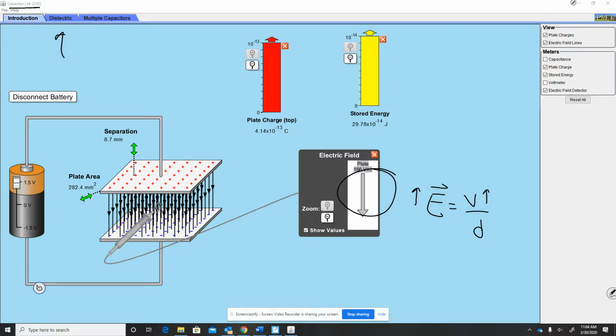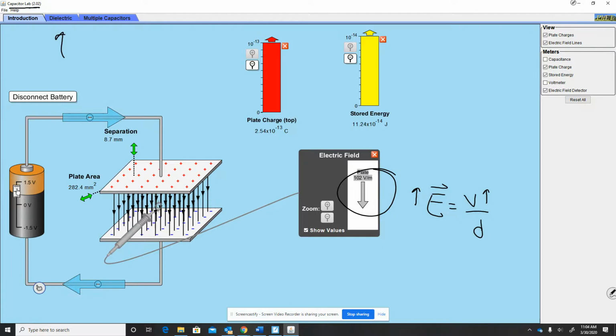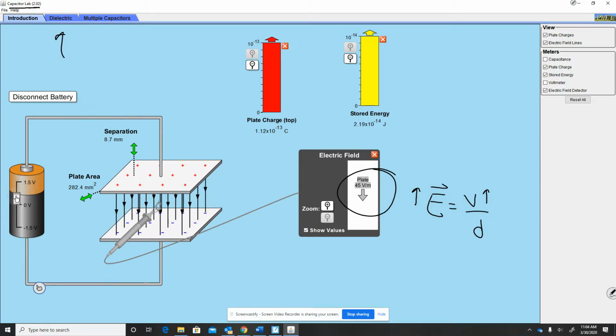Okay, so I'm going to just bring this down a little bit so we can see the lines a little bit better in here. We have an electric field of 45 volts per meter at this point. So I'm going to leave the voltage constant now, and take a look at the distance between them. Based on this formula, if I move the distance further apart, the electric field should get smaller, and if I move it closer together, it should get larger.